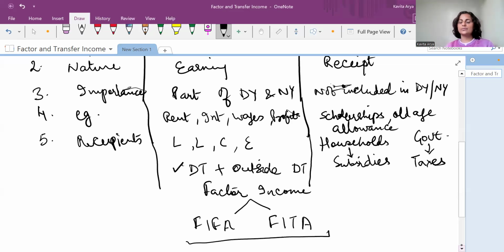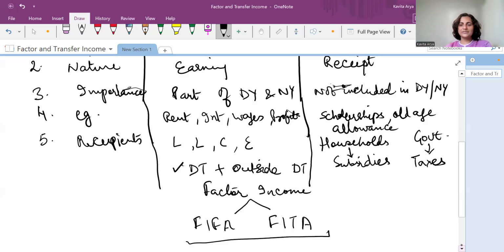So these are the transfer incomes for us. And sometimes those people who are outside, they are resident of some other country, but they are sending their earned income to their parents or their families staying in India still, right? So that becomes a transfer income for the families.